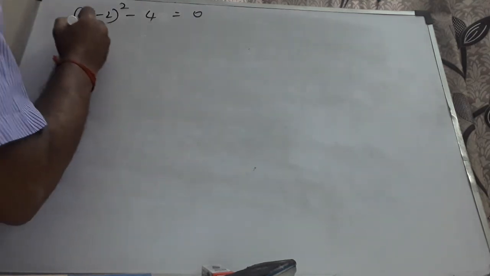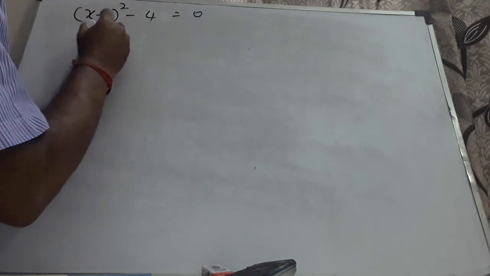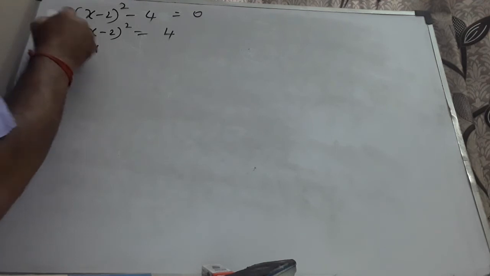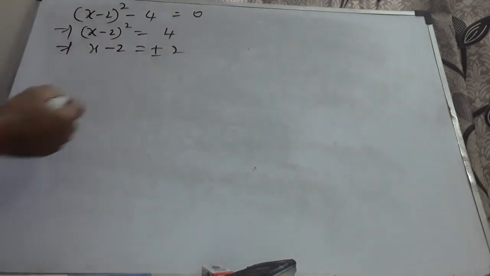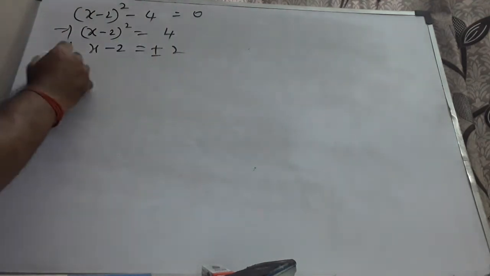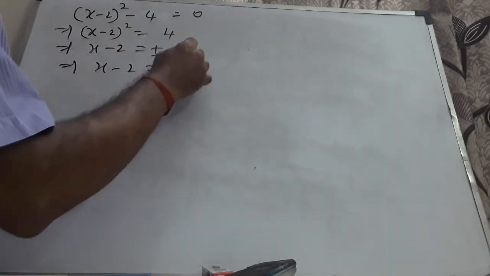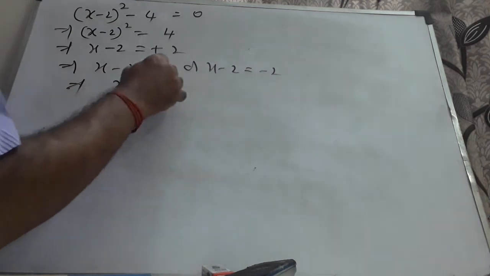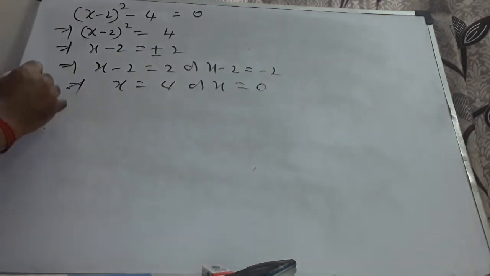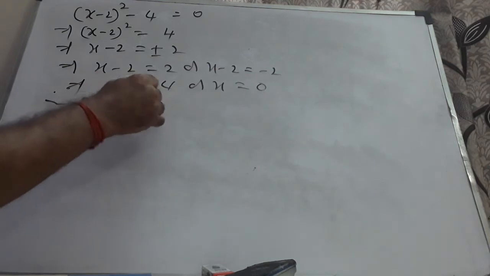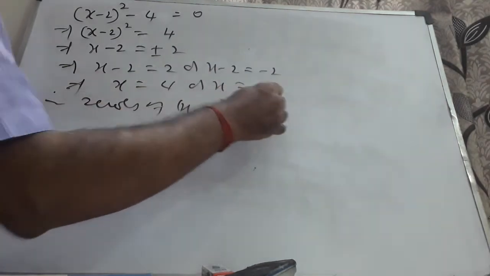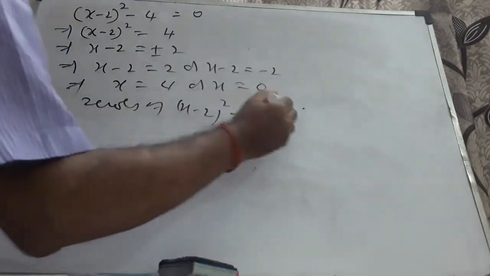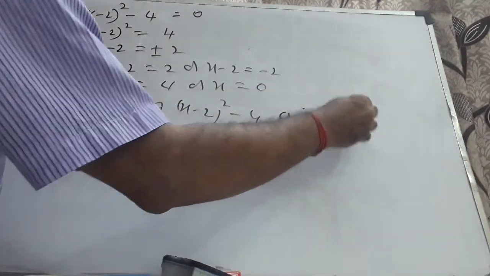Here I will get (x minus 2) whole square equal to 4, which implies x minus 2 is equal to plus or minus 2, taking square root on both sides, which implies x minus 2 is equal to 2 or x minus 2 is equal to minus 2, which implies x is equal to 4 or x is equal to 0. Therefore, the zeros are (0, 0) or (4, 0).